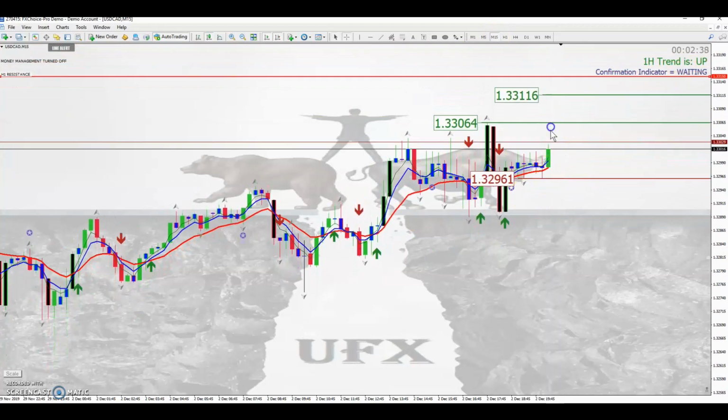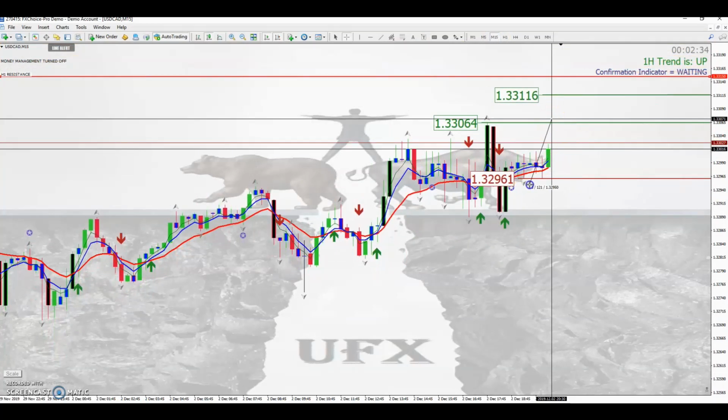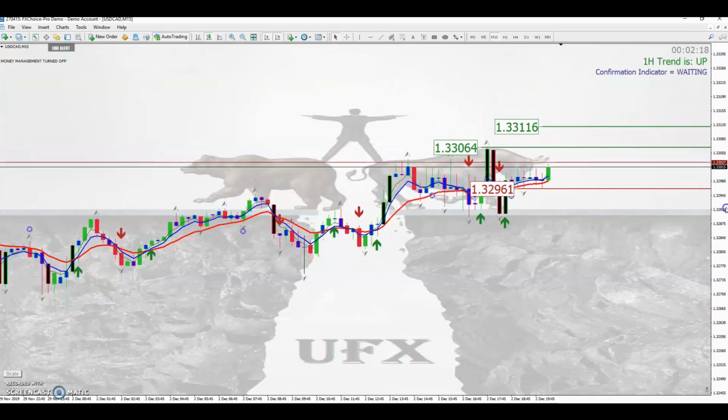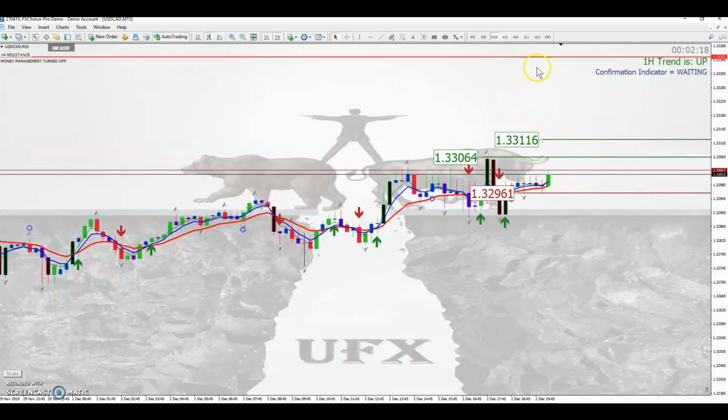So like I said, we're going to be doing a buy stop here. Our stop is going to be down here at 13 pips, taking into account our spread. And our 1 hour target is 7 pips, or 8. So we don't want to do that. We'll get rid of our 1 hour and we'll stick with the 4 hour, which is nice and up here.